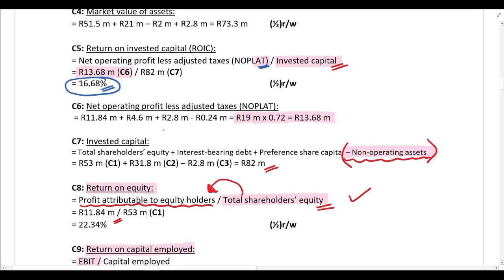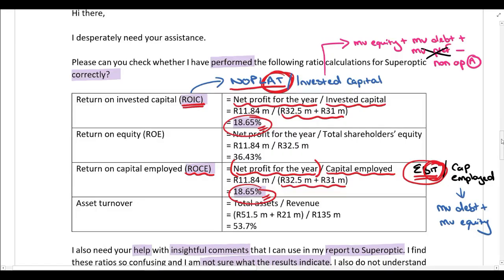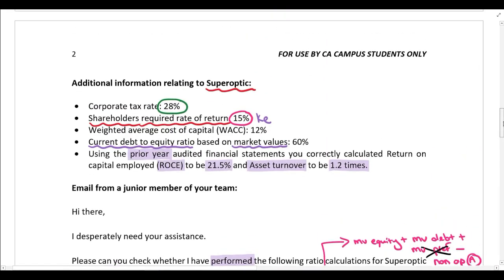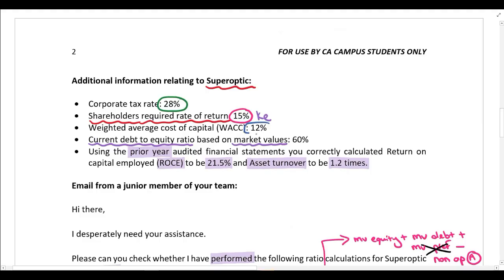So the actual return is 16.68%. The minimum return that they want, you were given the WACC, it's 12%. So this obviously indicates positive performance because SuperOptic has used invested capital effectively to generate a return. And by doing that, they've created value for their investors.